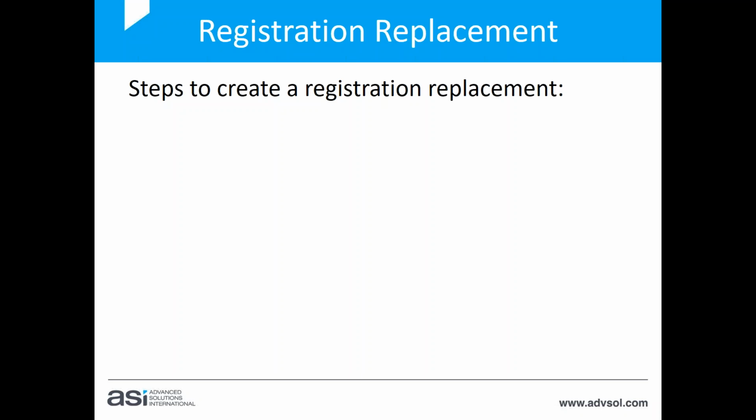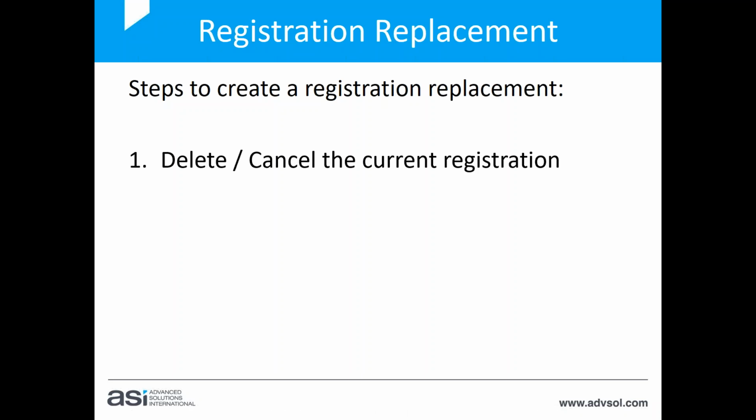So what you will need to do is follow these steps. One, delete or cancel the current registration, using either of those options I just showed you. Two, add a new manual registration for John. So delete Jane, add John into the event.